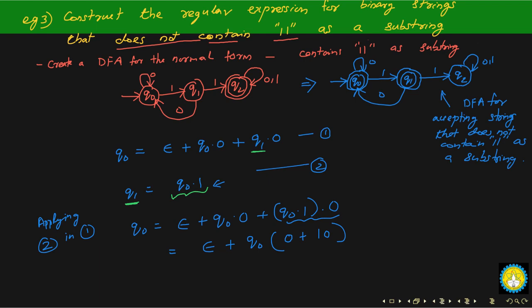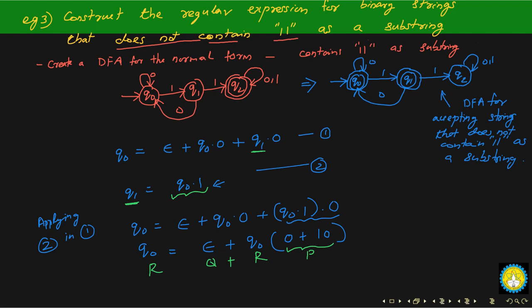So epsilon plus Q0 into (0 plus 1 0). This is similar to the Arden's format: consider this as R, this as R, this string as P, and this as Q. So this is in the Arden's format.